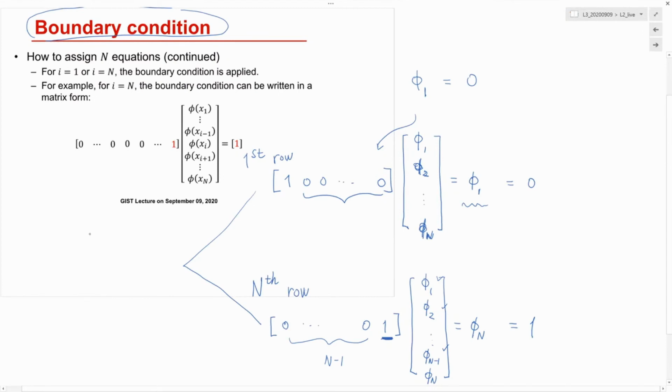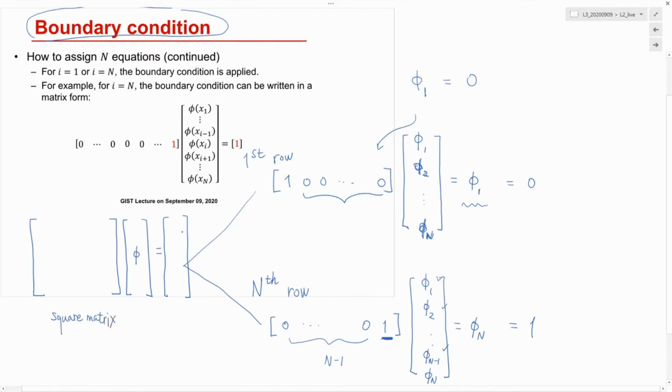Then how does it look? Our system will look like this. Here we have the vector, here we have the right hand side, and here we have a square matrix.